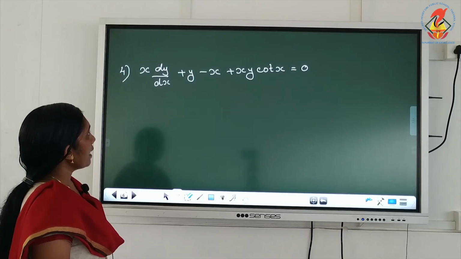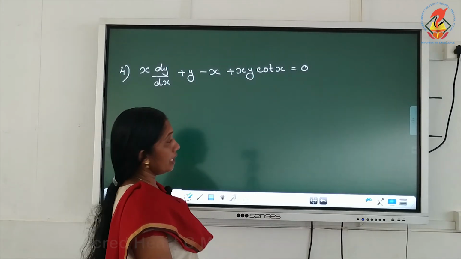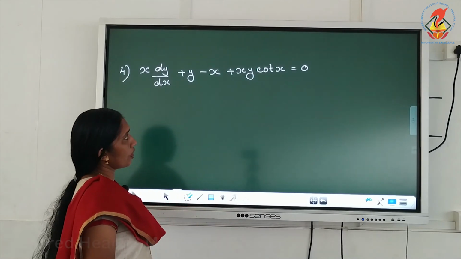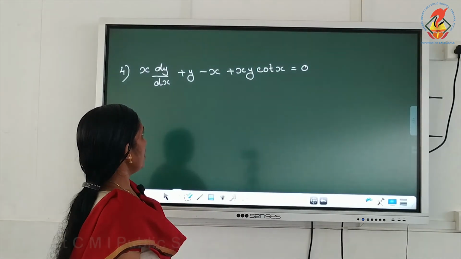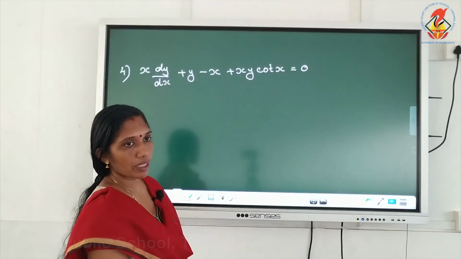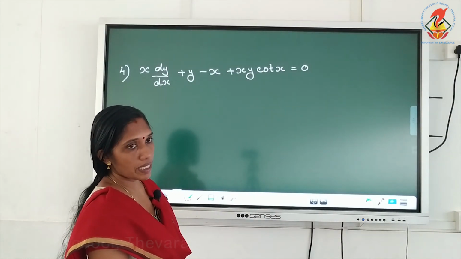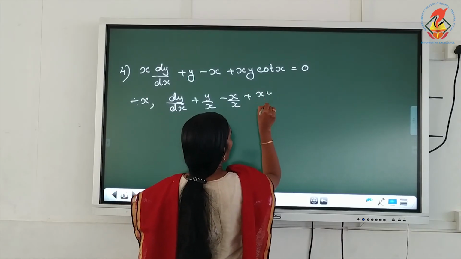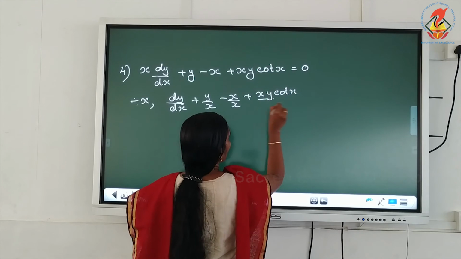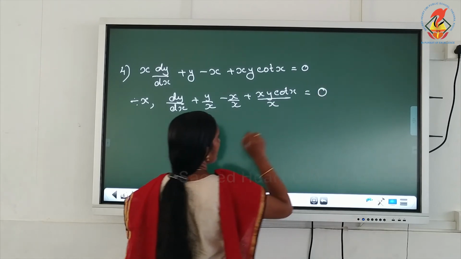The next one, x dy by dx plus y minus x plus xy cot x is equal to 0. So this is also not in the correct form, dy by dx plus Py is equal to Q. So first we have the coefficient x here, so dividing throughout by this x: dy by dx plus y by x minus x by x plus xy cot x by x is equal to 0 by x, that is 0.